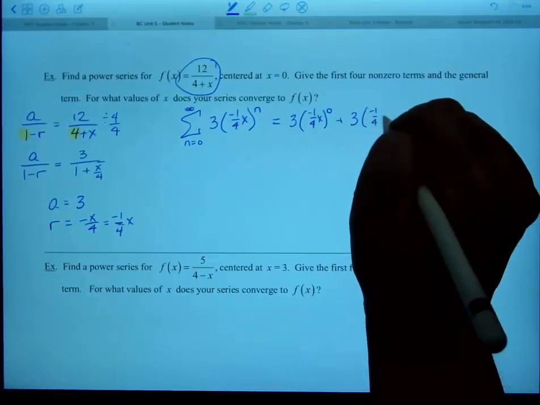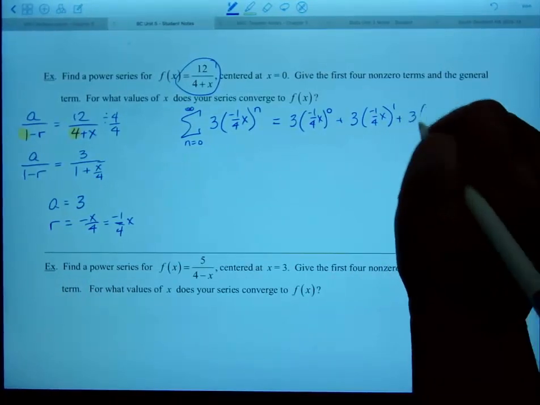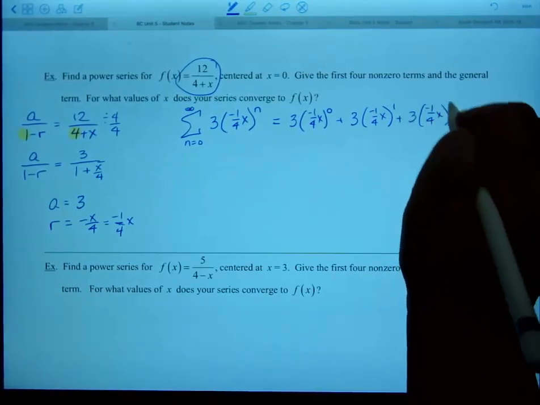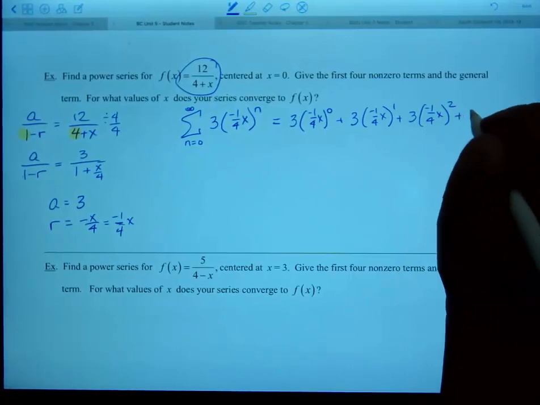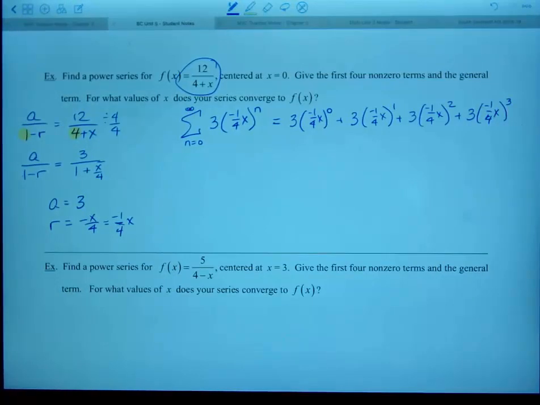To the first, plus 3 negative 1/4 X squared, 3 negative 1/4 X to the third. Please notice that the powers are outside the parentheses, not inside. It's not just for the X, it's for the negative 1/4 also. Plus dot dot dot.